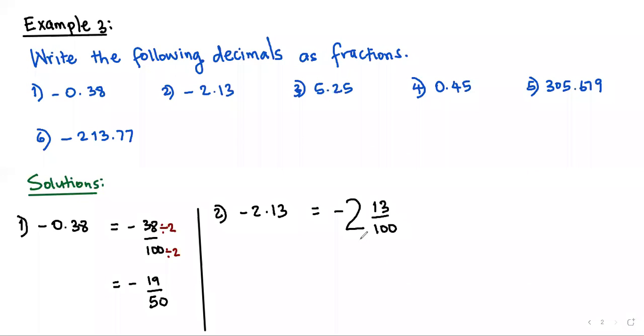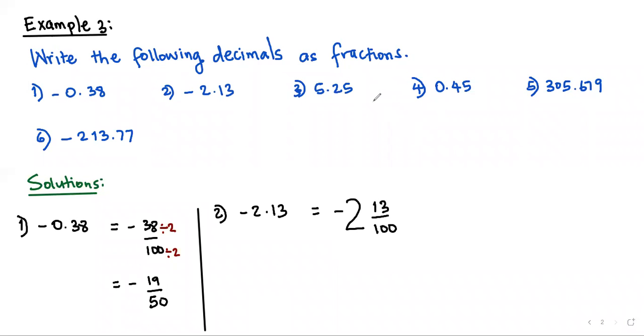Is that easier? Yes, this is easier for you. You quickly make it a mixed number instead of having it as an improper fraction and then having a hard time making it a mixed number. It's already made as a mixed number.